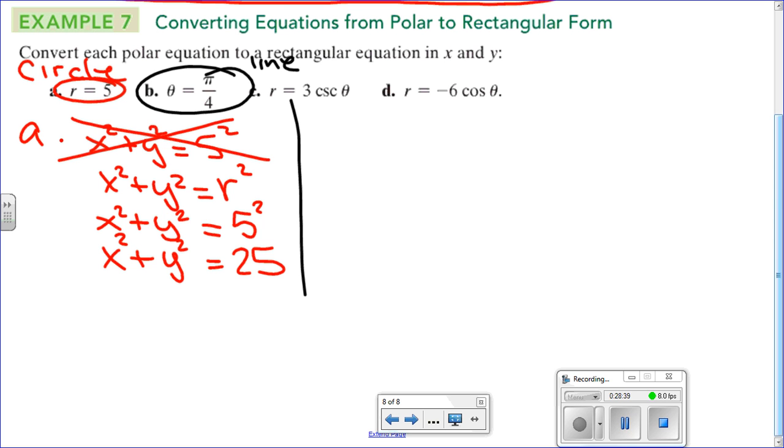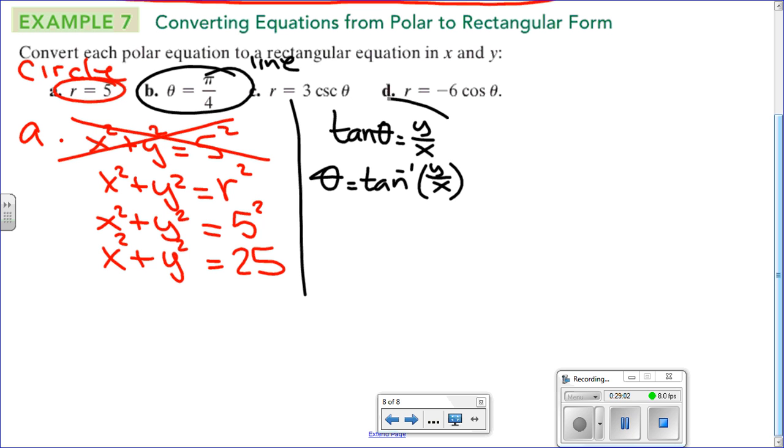Yes, the identity function. So let's see how we will find it. Okay, this is very simple. We say that tangent of theta is y over x, right? So then theta is going to be the tangent inverse of y over x. But in fact, we're just going to use this one because we say the tangent, and then we substitute all we have, and that is pi over 4.